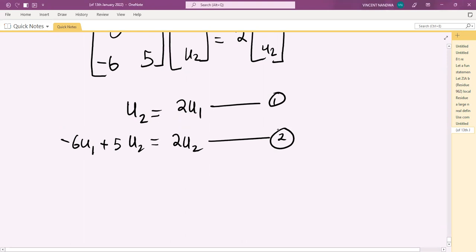Now from equation 1, actually 1 and 2 are the same. We let U1 to be t, where t is a non-zero real number.